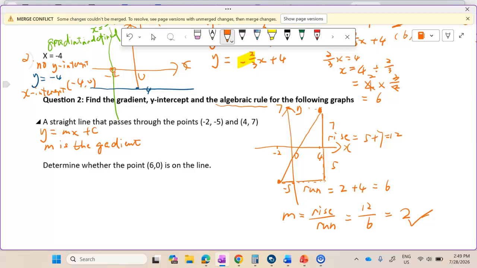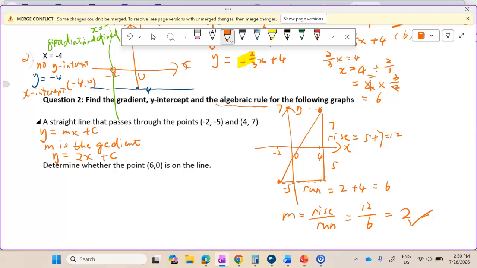I don't think this point has been explicitly mentioned in class, so this is the high time that you should bear this in mind. Now we have already calculated that the gradient is 2, right? So we know that y is 2x plus c. Now we only need to find what c is.